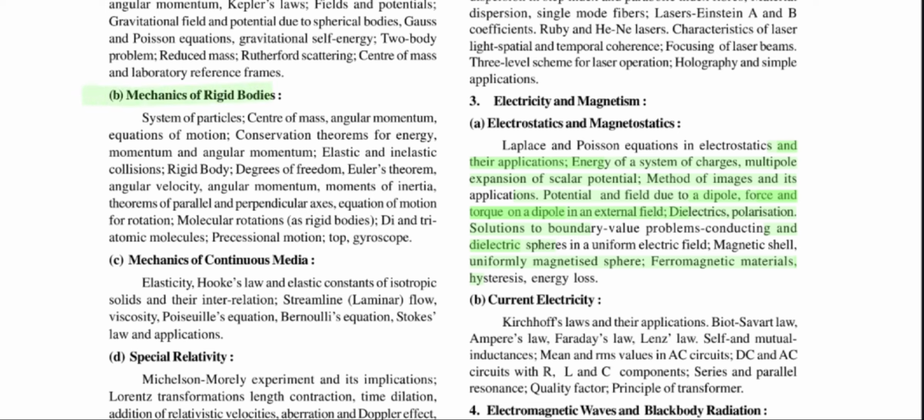And B, mechanics of rigid bodies. So system of particles, center of mass, angular momentum, equation of motion, conservation theorems for energy, momentum and angular momentum, elastic and inelastic collisions, rigid body, degrees of freedom, Euler's theorems, angular velocity, angular momentum, moment of inertia, theorems of parallel and perpendicular axes, equation of motion for rotation, molecular rotations as rigid bodies, diatomic and triatomic molecules, precessional motion, types of gyroscope.